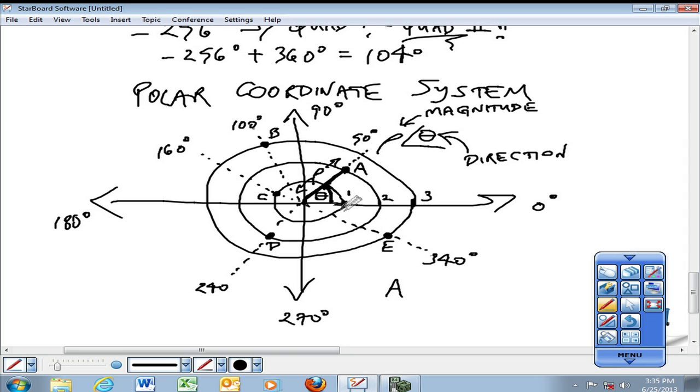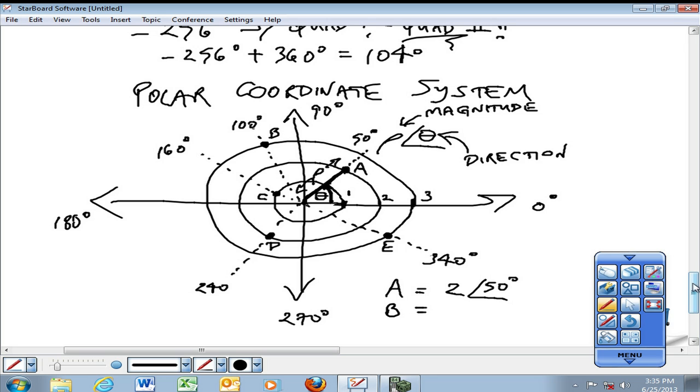So A: looks like we're going out 1, 2, so our magnitude is 2, and the angle is 50 degrees. In other words, your theta happens to be 50. So that's the angle, and we're going out 1, 2.